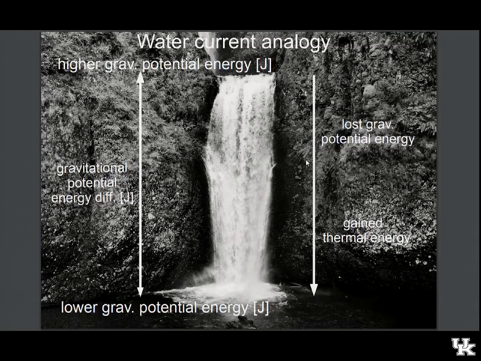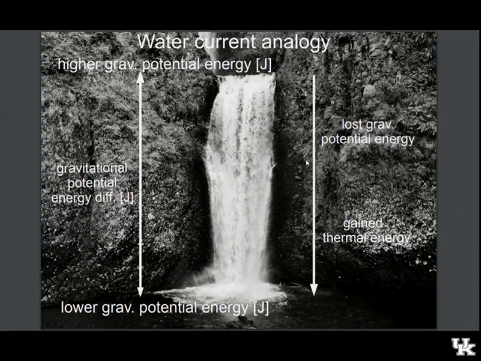It's turned into thermal energy, which is energy associated with the motion of the, say, the electrons or the water molecules. So if we were to picture the waterfall from an energy perspective, the waterfall is giving up gravitational potential energy and transforming it into thermal energy.